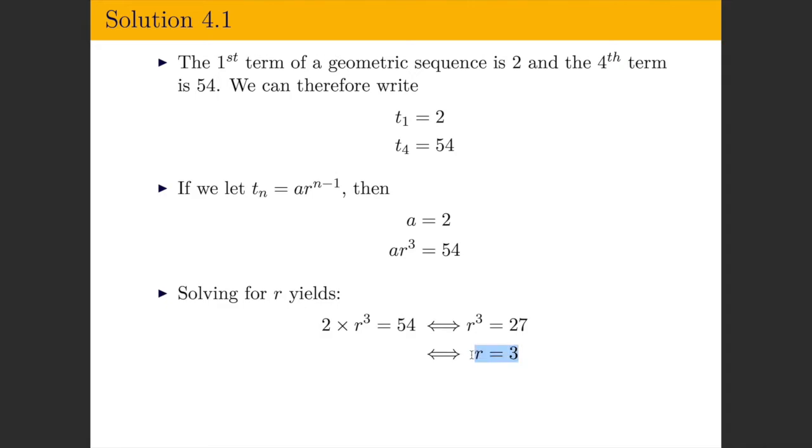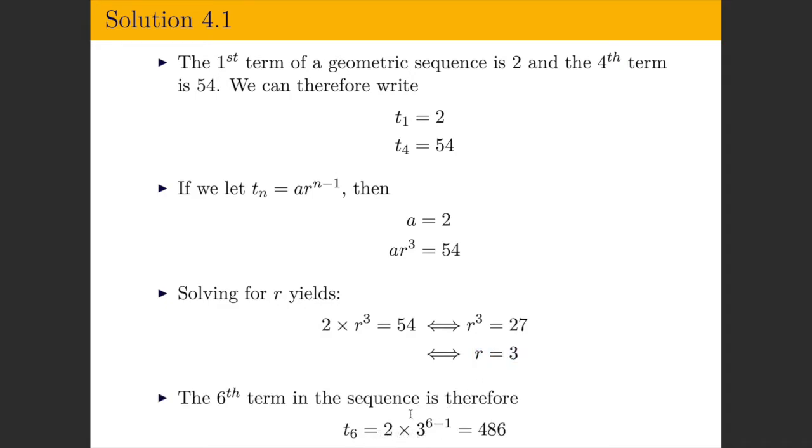This is the common ratio we were looking for. Now to find the sixth term, we plug A equals 2, r equals 3, and n equals 6 into the equation: 2 times 3 to the power of 6 minus 1, which is 486.